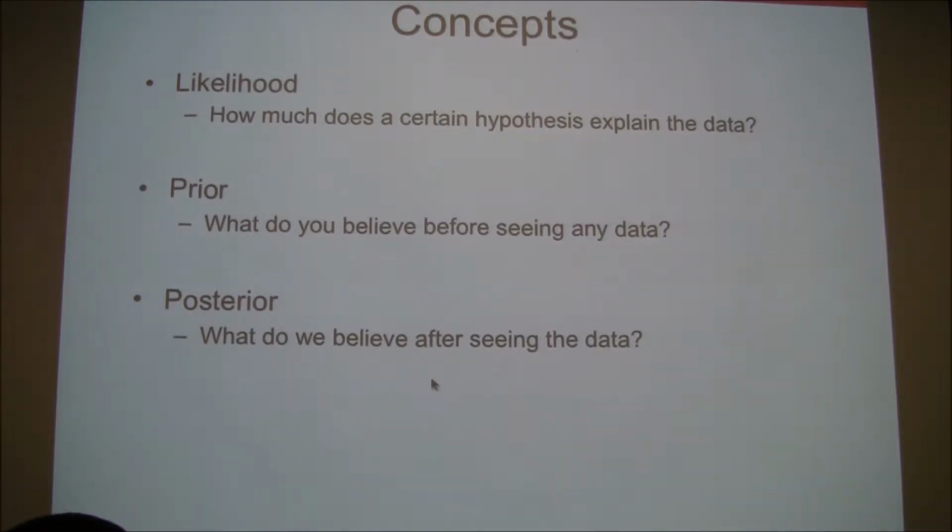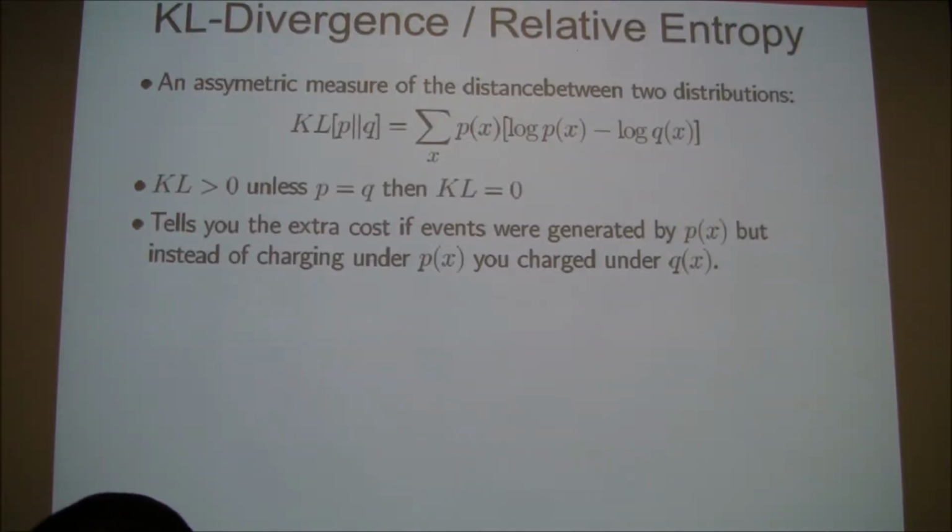Just to jog your memory, we will see again the concepts of likelihood, prior, and posterior, and they're going to be extremely important. We will also make a connection today: why have we been bringing up KL divergence and manipulating it in homework 0? It's because you will see today that a particular estimator can be viewed as minimizing KL divergence.